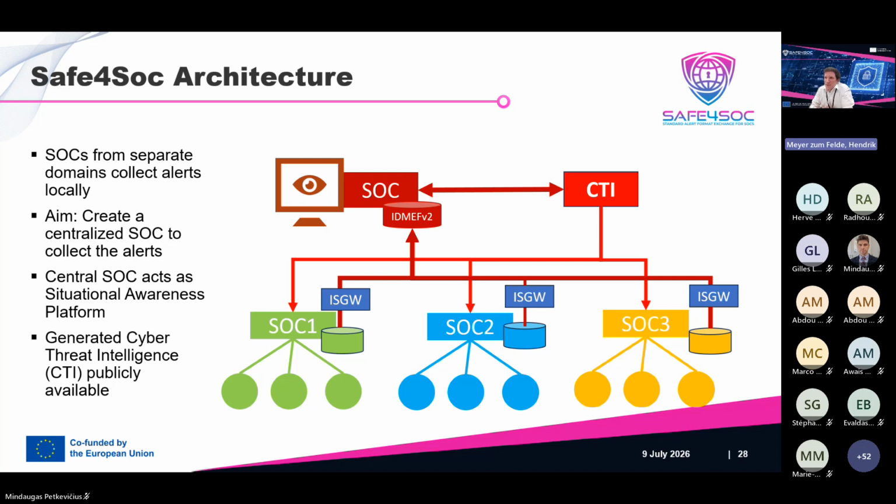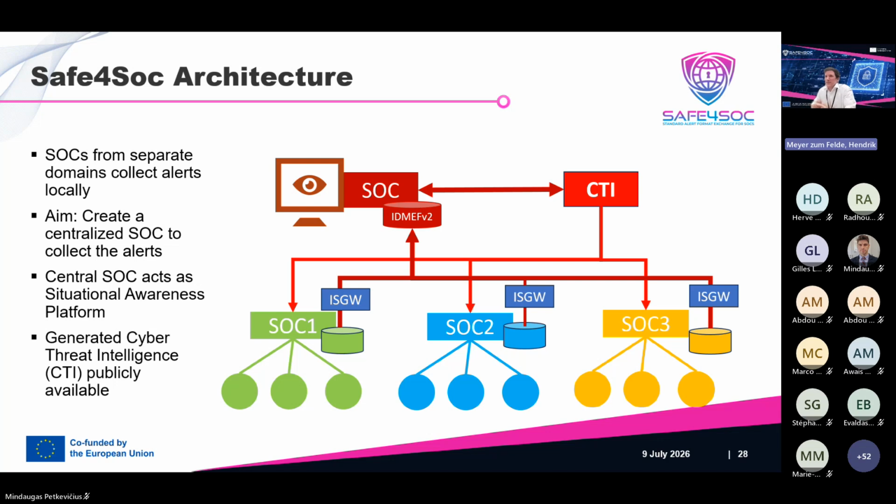The gateway takes care of the transmission of the alerts to the central Security Operations Center, which is red at the top. And the idea is to have a workflow where all the alerts use the same format. So all the alert mappings need to fit into this format. This is basically the main core idea, creating a SOC of SOCs.